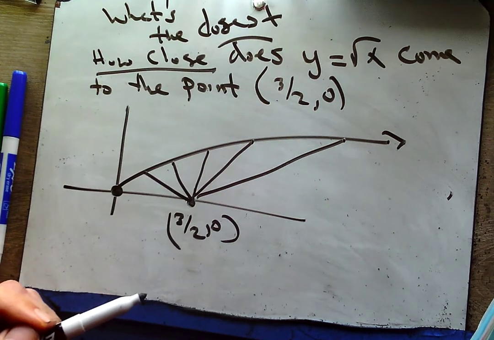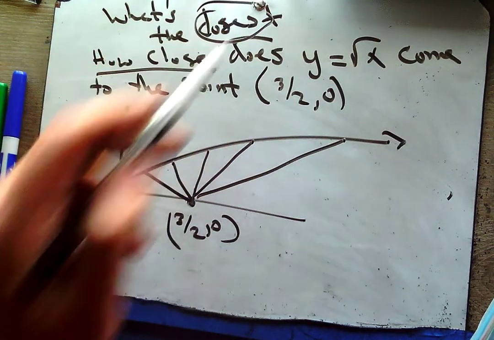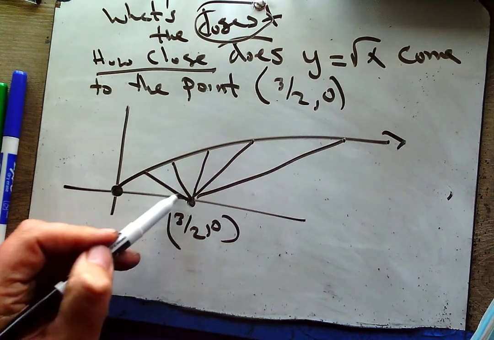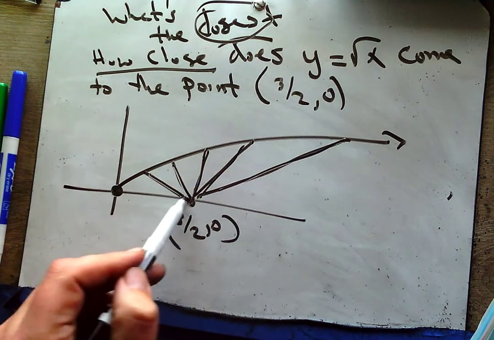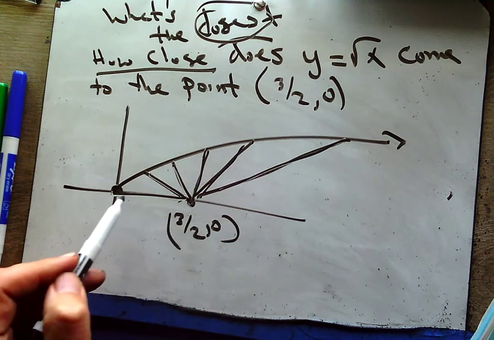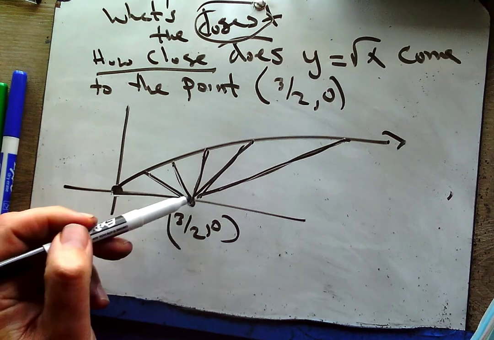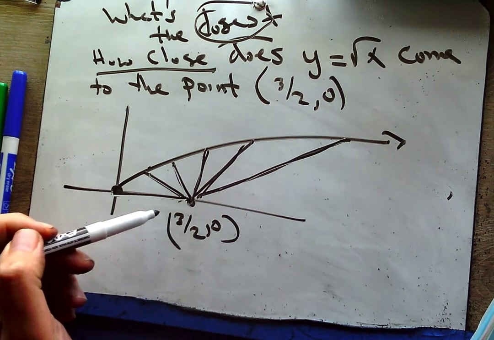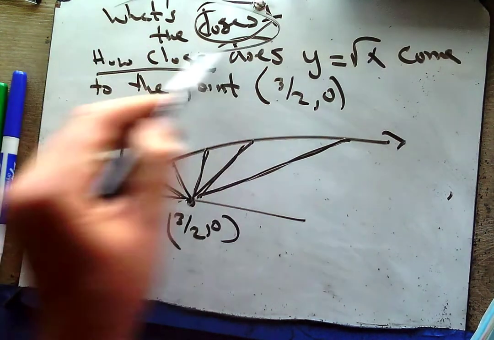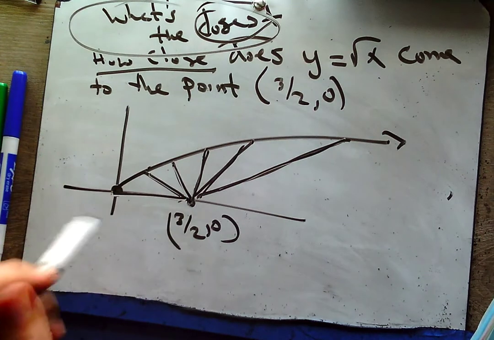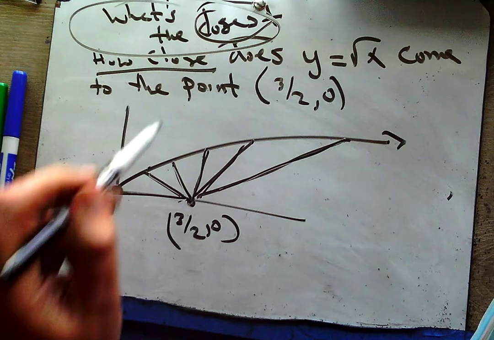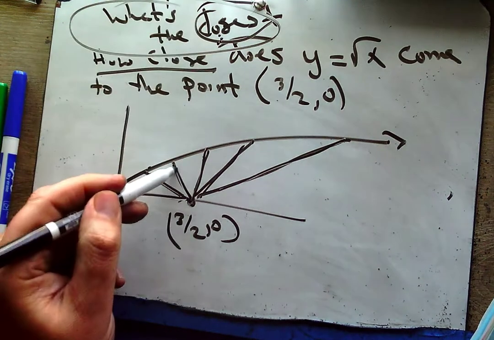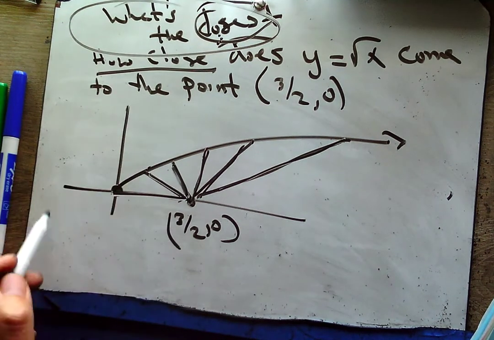What are we trying to minimize? We're trying to minimize the length of this segment. Look at all those. Those are all distances from the point to the curve. And we want the closest. So what is it that we're going to take the derivative of? What is closeness? That is distance.